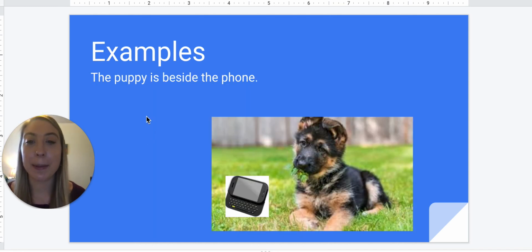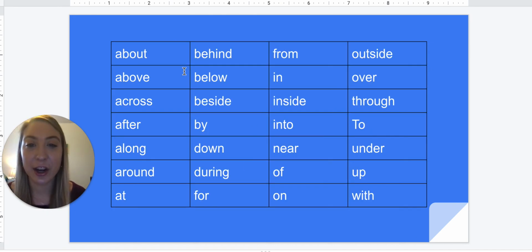And then we see the puppy is beside the phone. Now, what if I'm lost and I don't know what the preposition is? Well, I can go back to the list, and this is why it's important to write these down. I can look here and try to see what word I saw in this sentence. I saw beside.